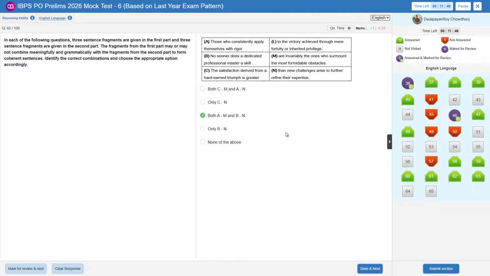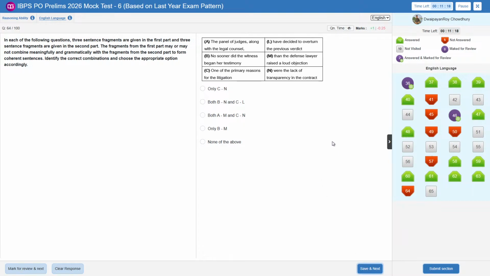The satisfaction derived from her earned triumph is greater than new challenges arise to further refine their expertise. No sooner does a dedicated professional master a skill than new challenges arise to further refine their expertise. But no sooner did, no sooner does. I think this is also standard, I guess.